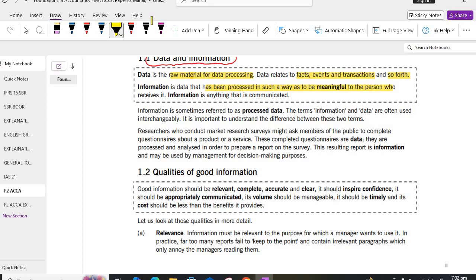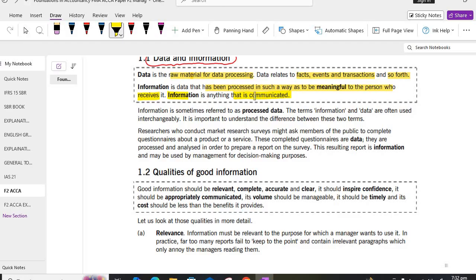So what we have studied is that data is a raw fact. Now information is data that has been processed in such a way as to be meaningful to the person who receives it, and information is anything that is communicated.